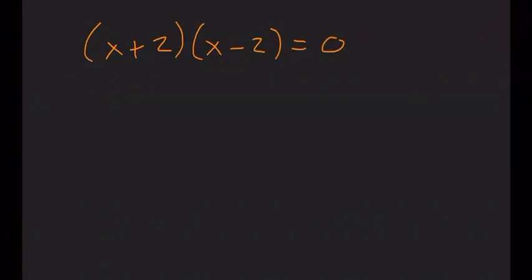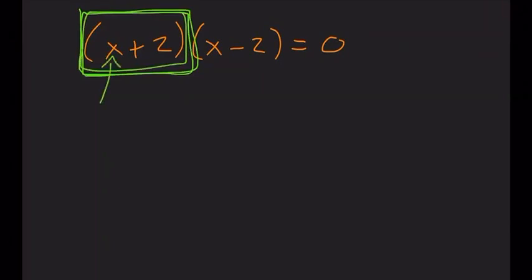Just take one of the parentheses, and we're asking what value of x is going to make this whole thing equal to 0. So we plug in some number, we add 2 to it, and we want to get 0. What's that number going to be? It's going to be x equals negative 2. Negative 2 plus 2 would equal 0.